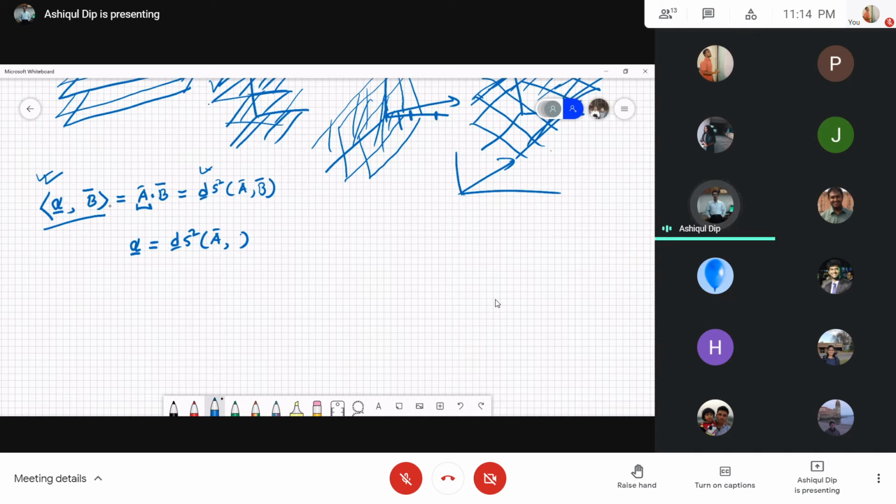Because even when you do not have ds squared, if you have a one form and a vector, you can always do the piercing.